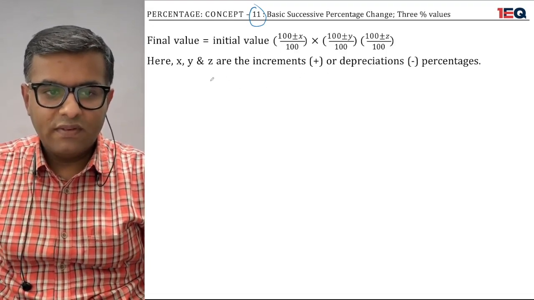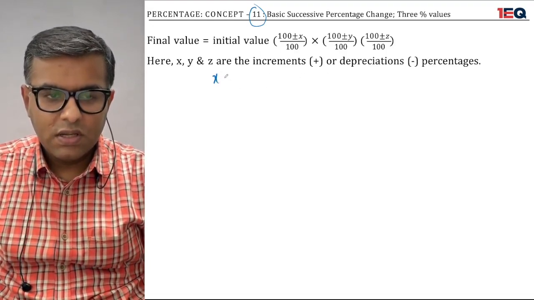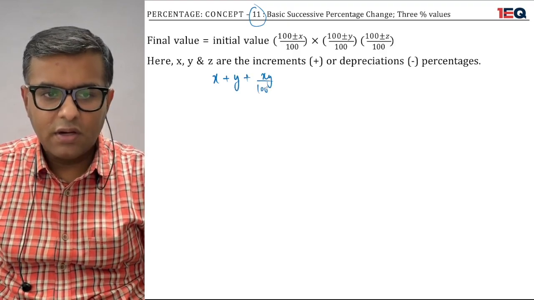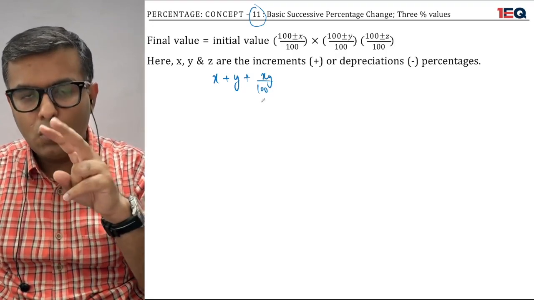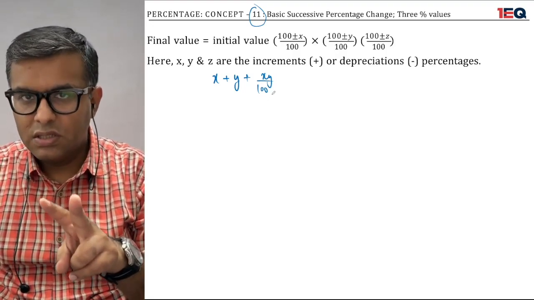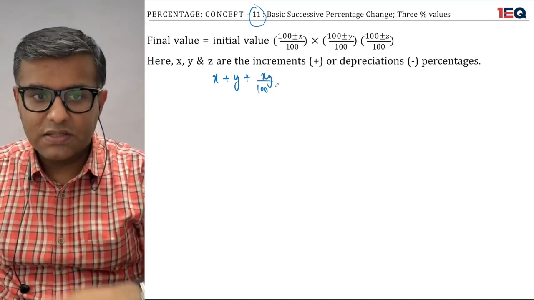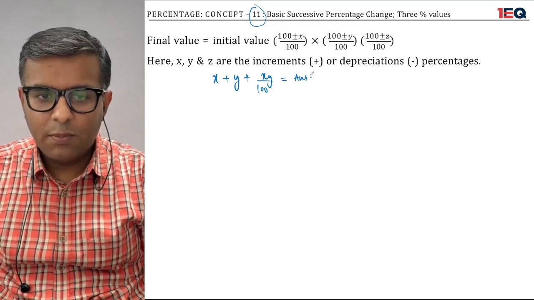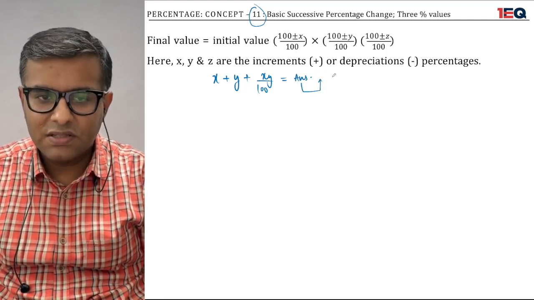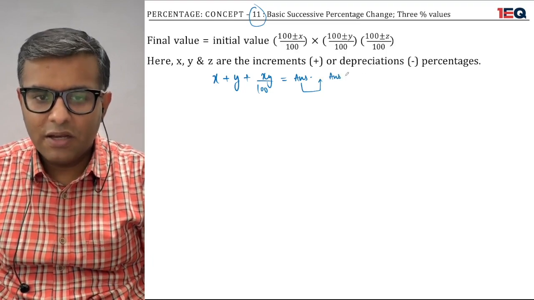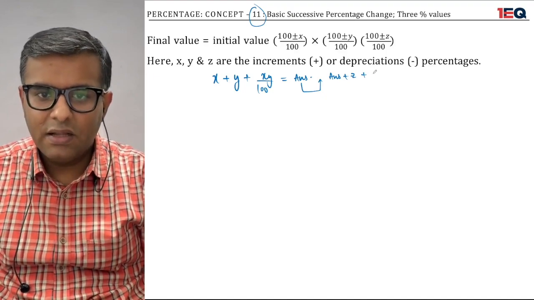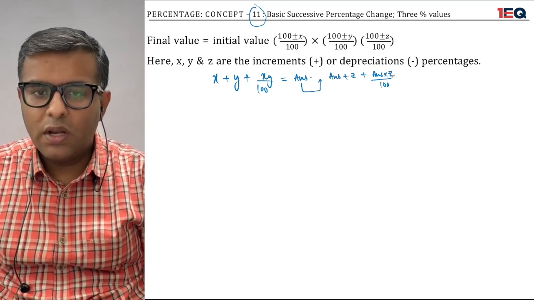So what we've learned in the past slide was x plus y plus xy upon 100 would give us the answer of two successive percentage changes. But if I have to do three, I can pick up the answer of the two successive percentage changes and plug it into the same formula again with the third percentage change: answer plus z plus answer multiplied by z divided by 100.